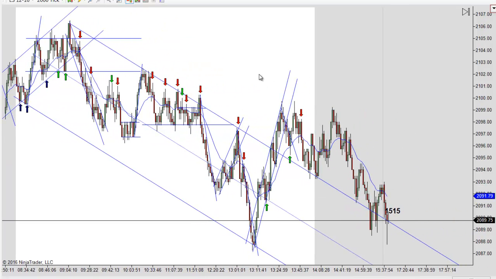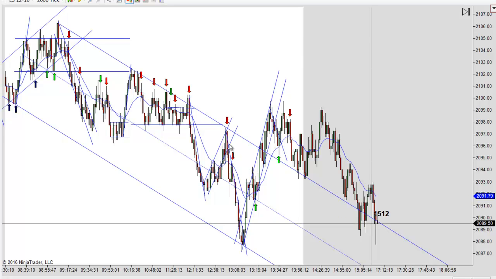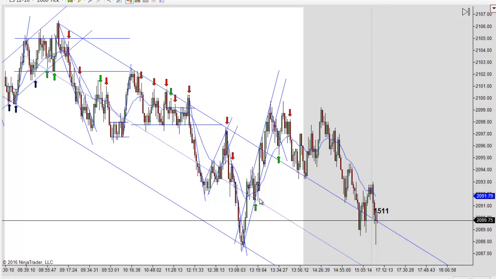But FOMC is almost always going to get you some kind of little fireworks, even if it's only temporary. And that came right in here somewhere on that sell-off. And so that might have been a reason not to take a couple of these trades as well. I didn't really factor that in when I was marking these trades, but you definitely want to factor that in.